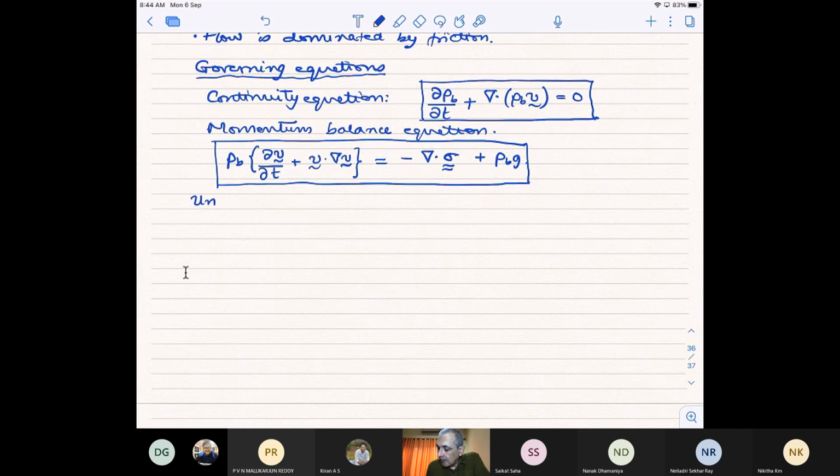So the unknowns are essentially, I just list them down, they are the density, the three components of the velocity, let's just write it as Vx, Vy, Vz, and then the six components of the stress, which are sigma xx, sigma yy, sigma zz, sigma xy, sigma xz, and sigma yz.